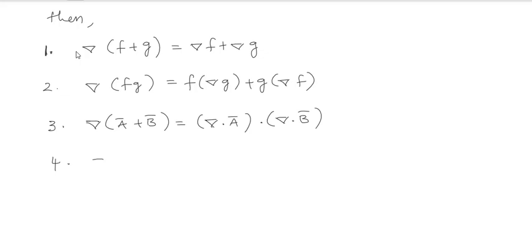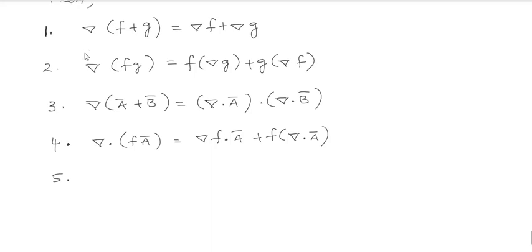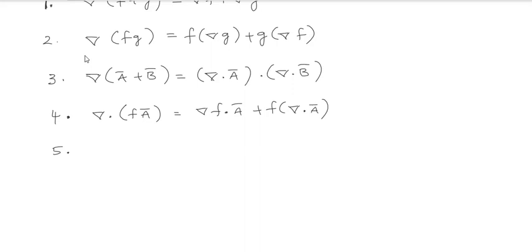Next, fourth one, del dot f into a bar, which is equivalent to del f dot a bar plus f into del dot a bar, right? Yeah. Next one, del cross f a bar is equivalent to del f cross product of a bar plus f into del cross of a bar, right?